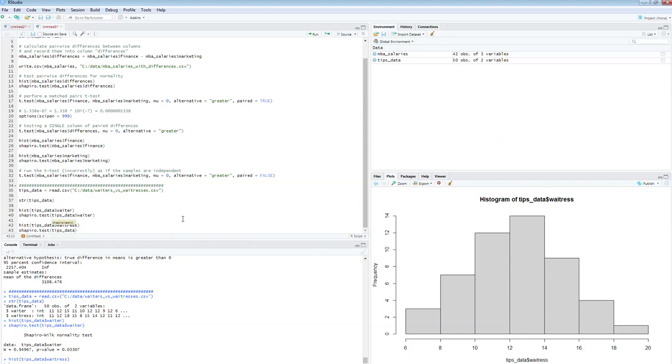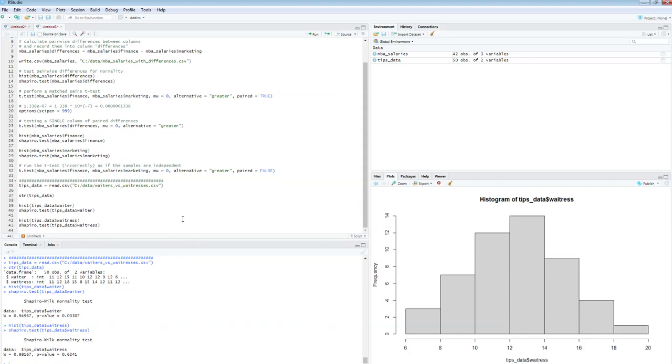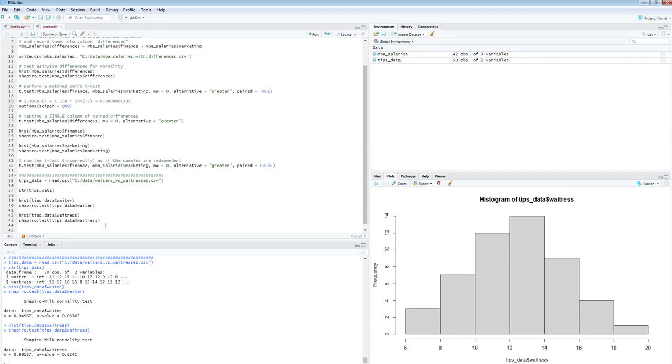Tips data, waitresses, and yes, it seems that this second sample is normal. Shapiro-Wilks test gives me high p-value, so therefore this shape is normal. But the first one was not. But that's actually, I could just completely skip that part, right?